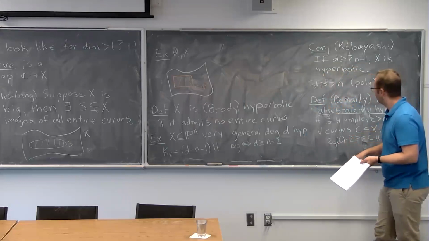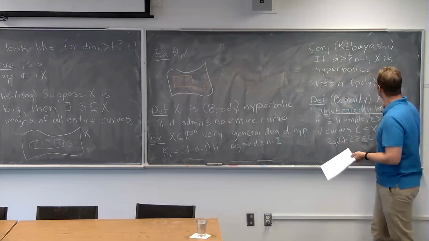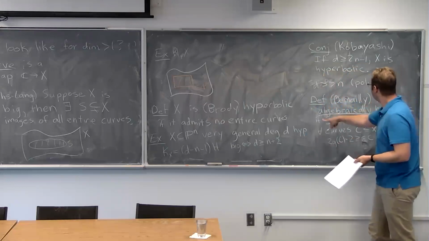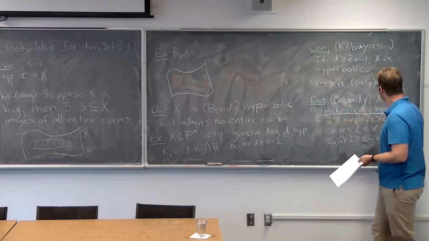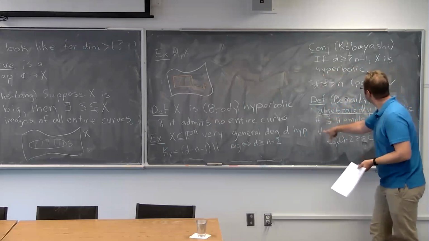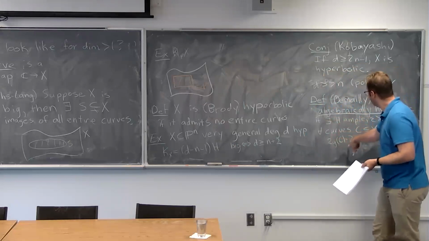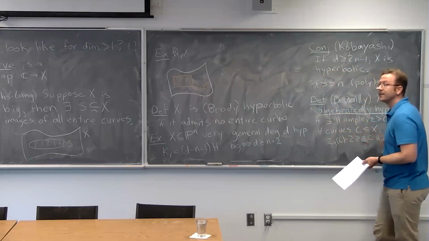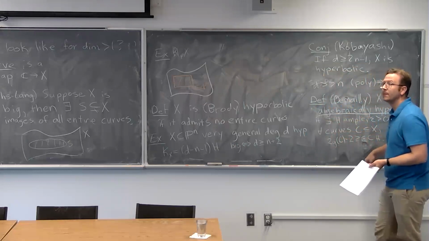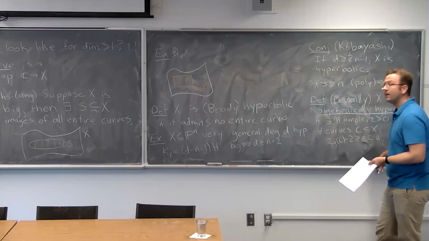Could you just read what is written there? Yeah, X is algebraically hyperbolic if there exists some ample H and epsilon greater than 0, such that for all curves C in X, 2g minus 2 is at least epsilon times the degree of C with respect to H. So H is a hypersurface?